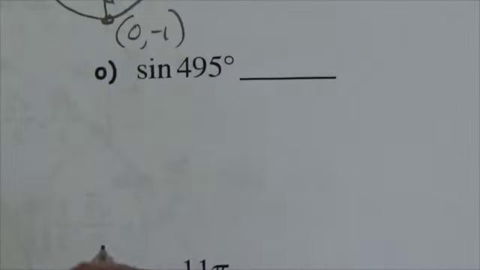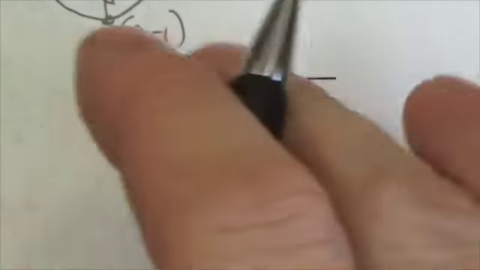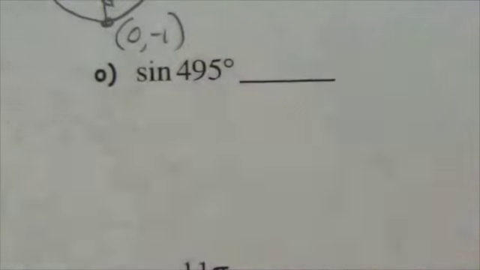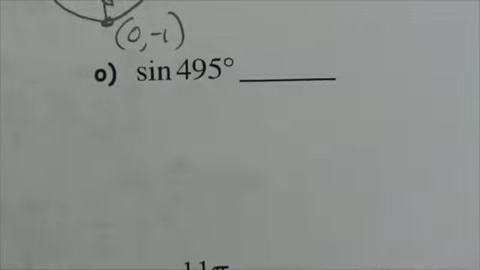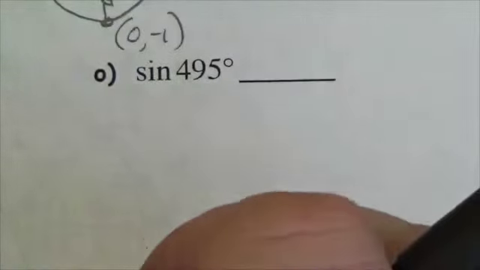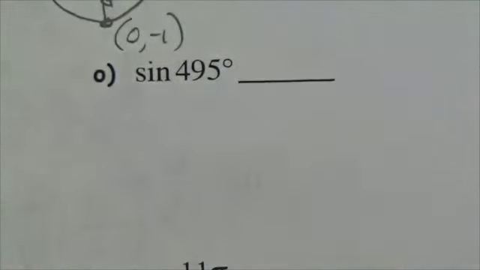The sine of 495 degrees. Now this question is a little bit different. Once we start getting angles that are beyond the 0 to 360 or even the 0 to -360, we need to start to dial that back. Because remember, all coterminal angles will have the exact same sine, cosine, and so on.